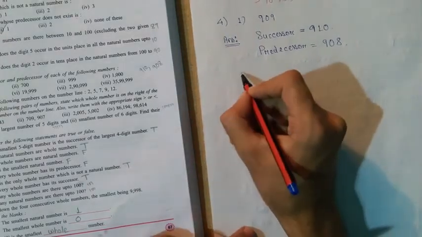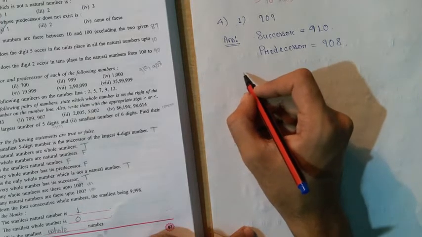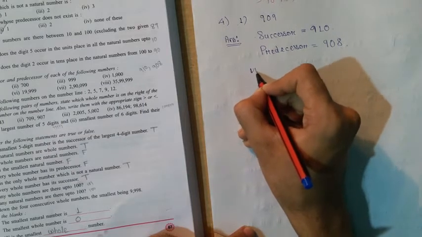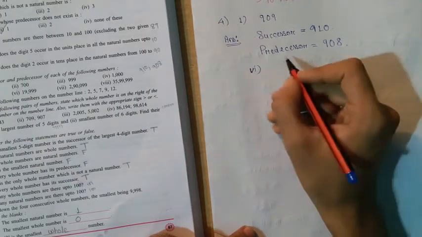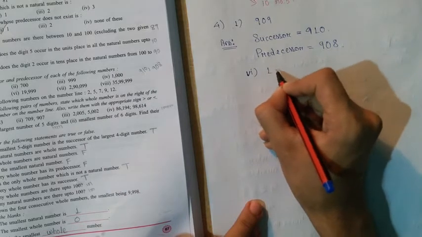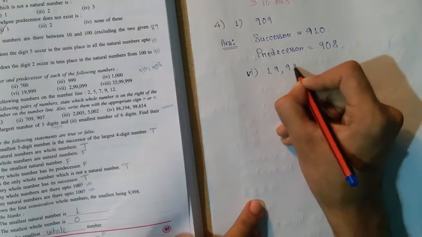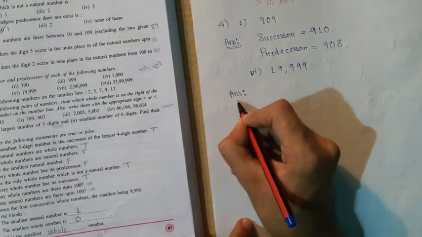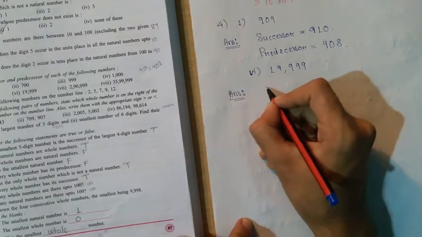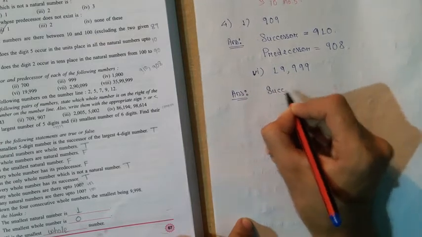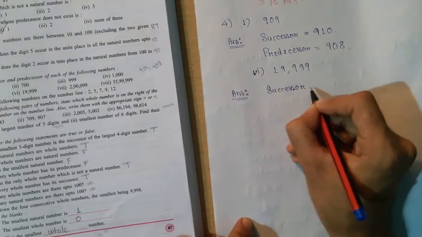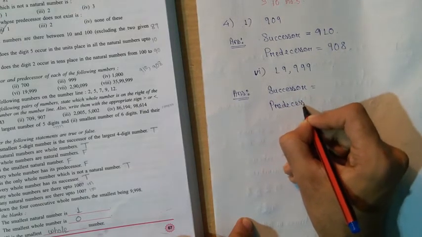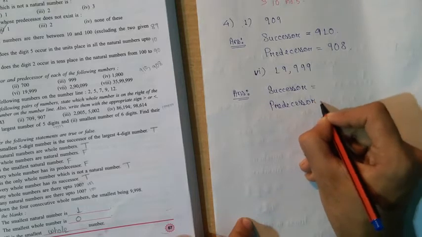Similarly, I'll take another number, like number 6, 19,999. Successor and predecessor.